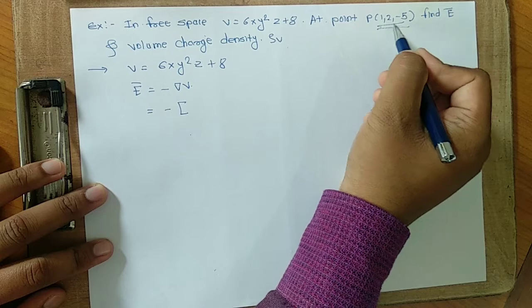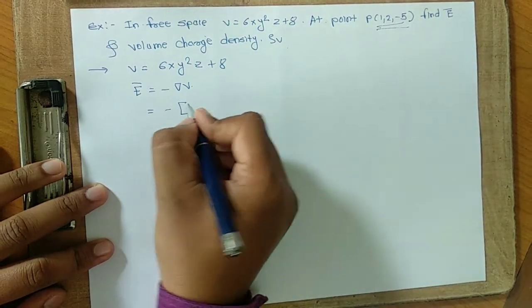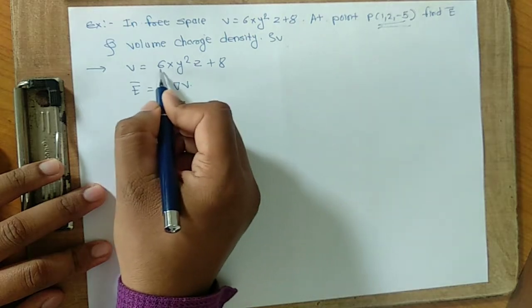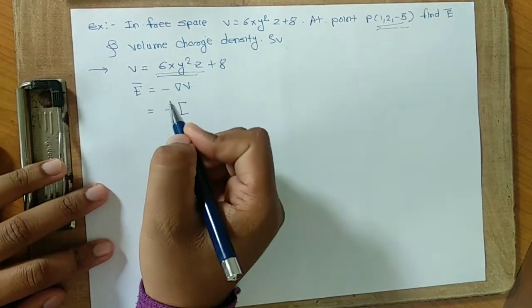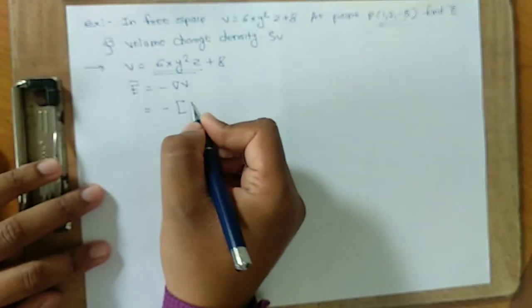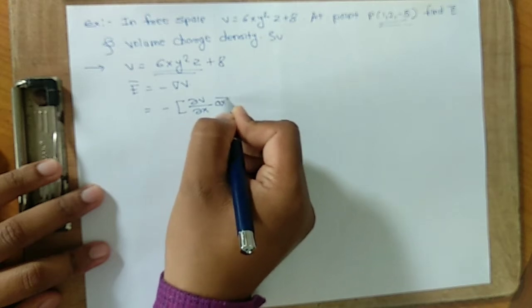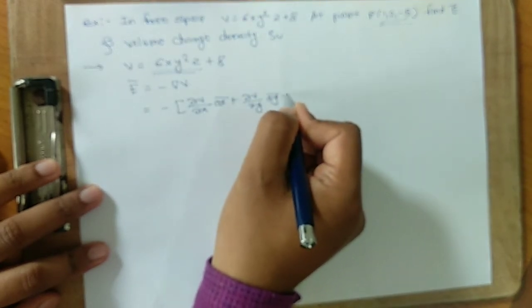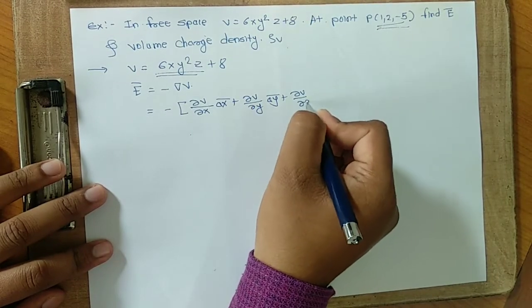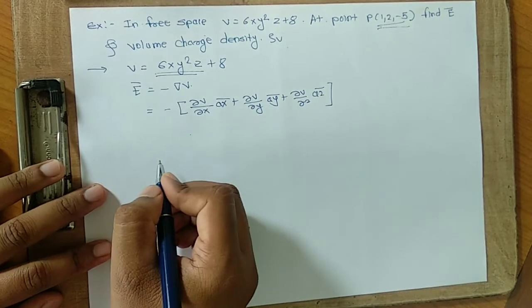See here, the point is (1, 2, −5), so it is in the Cartesian coordinate system. Here also they have given V in terms of x, y, z. So del V is ∂V/∂x ax bar, plus ∂V/∂y ay bar, plus ∂V/∂z az bar.